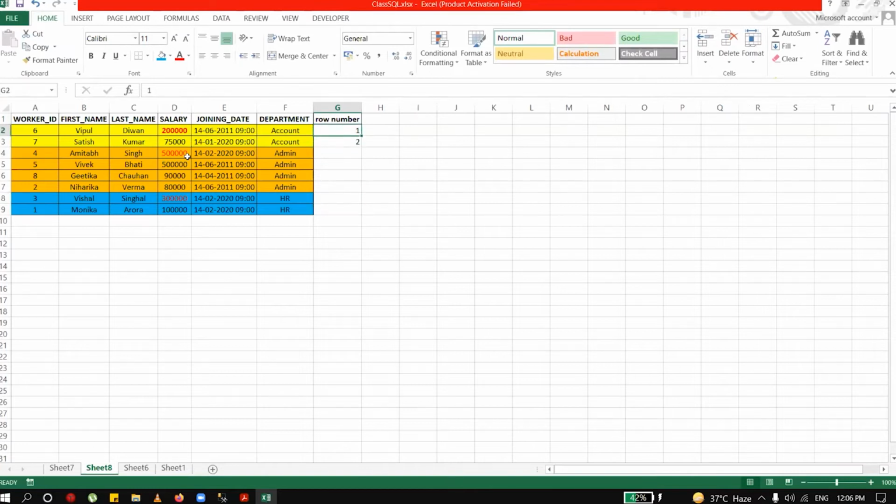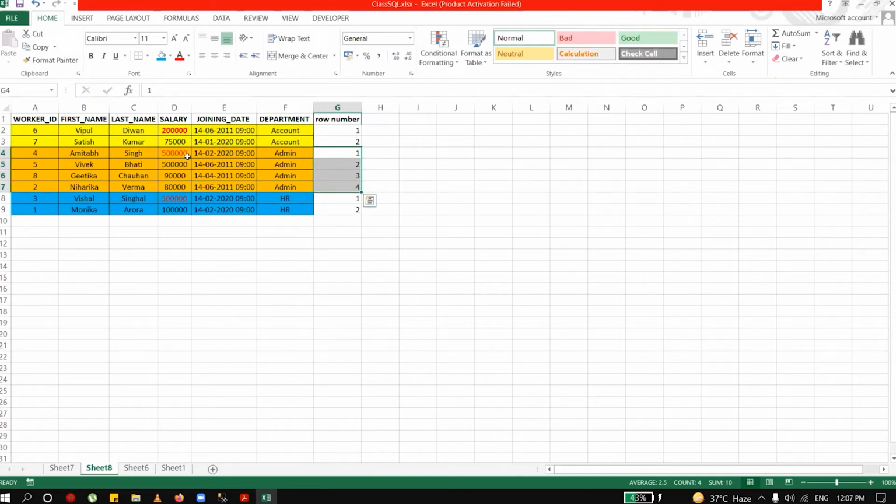After partition, it will be one, two. Again one, two, three, four, and then one, two. This will be the row number. If I do partition on the basis of department, this will be the row number for each partition.